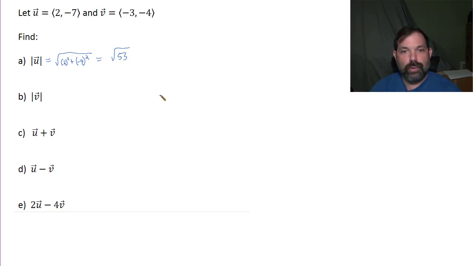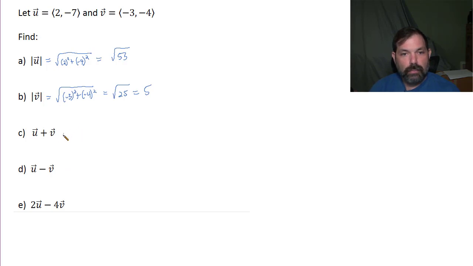Leave it like that, the square root of 53. Similarly, the magnitude of the v vector would be the square root of -3 squared plus -4 squared. That's the square root of 9 plus 16. That's the square root of 25. Now this one I can simplify as just simply 5.